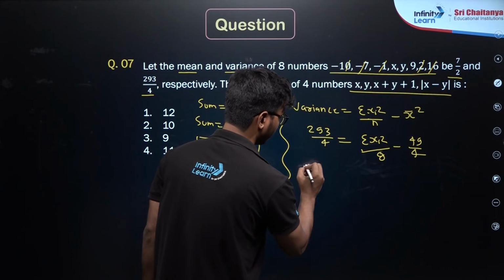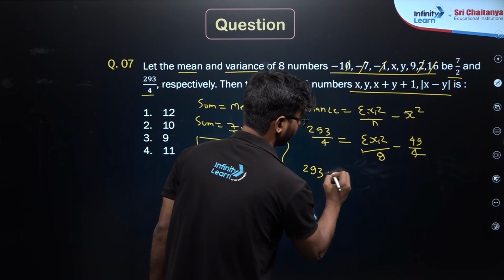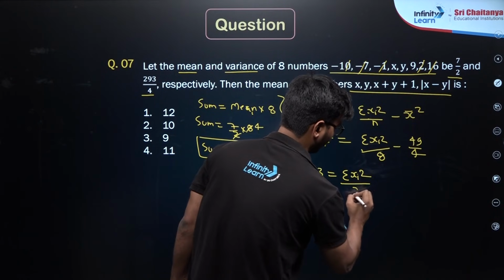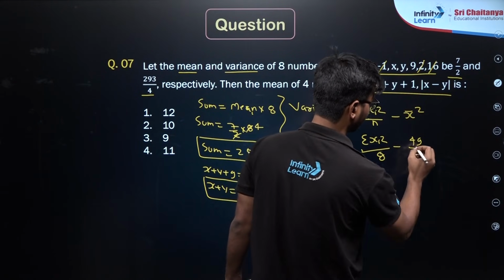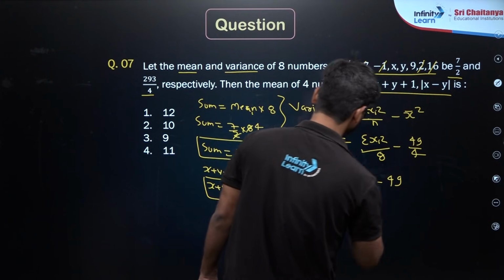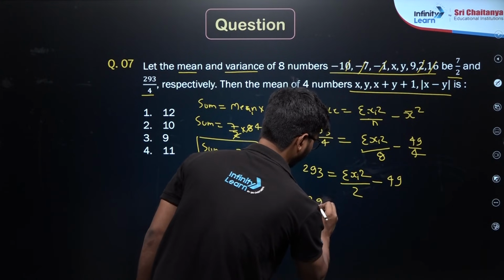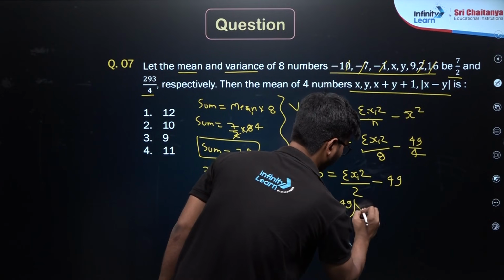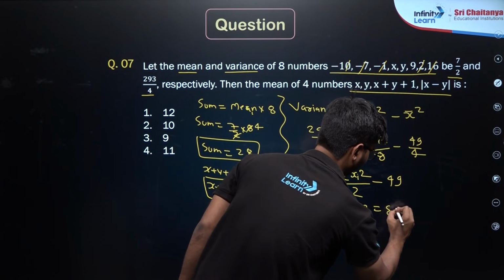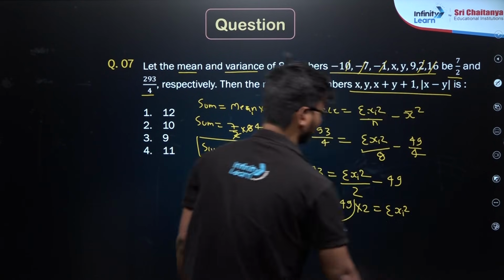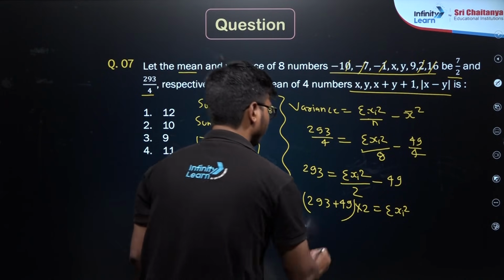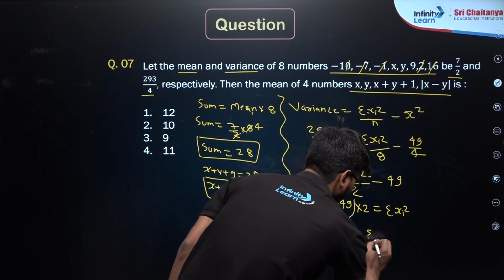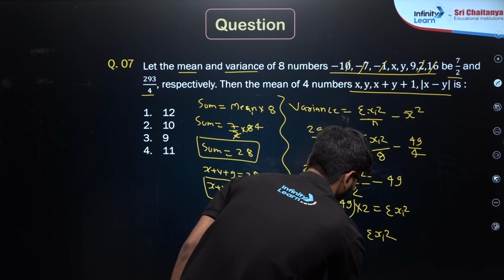So I am going to get 293 equals the summation of xi the whole square upon 2 minus 49. So from here I am going to get 293 plus 49 multiplied by 2 is equal to the summation of xi the whole square. So the summation of xi the whole square we are going to get as 684.